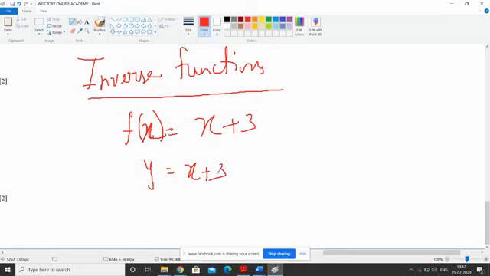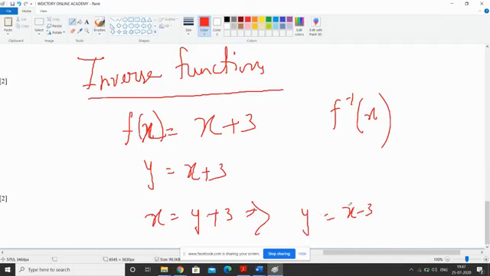This is the function. We need to find f inverse of x. So a simple step: change y with x and x with y. So interchange, and this will become x is equal to y plus 3, and make y the subject. So y is equal to x minus 3. This y is your inverse function.